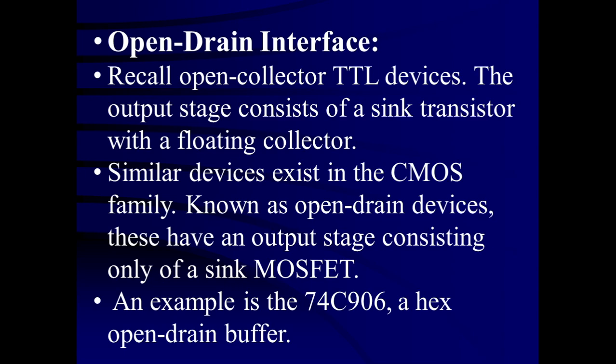Like the previous open collector case, where the collector of the sink transistor remained floating, it has to be connected through a pull up resistance to the supply voltage. Then and only then can this kind of device work. So the open drain interface is possible.